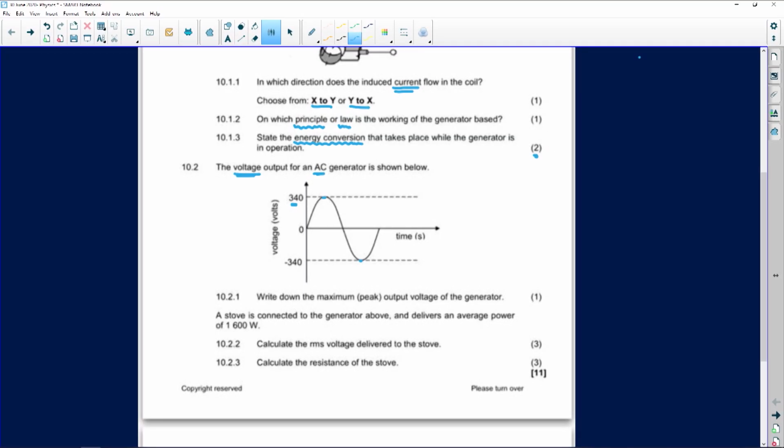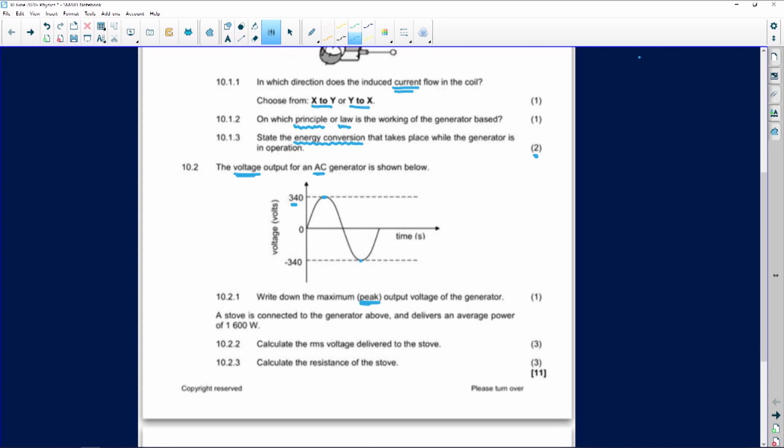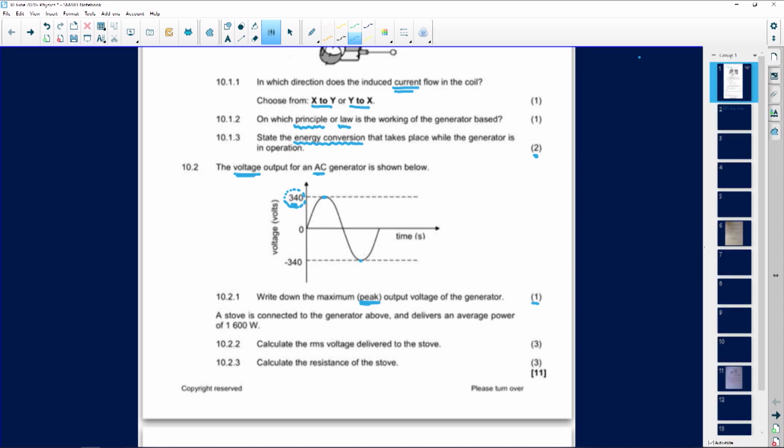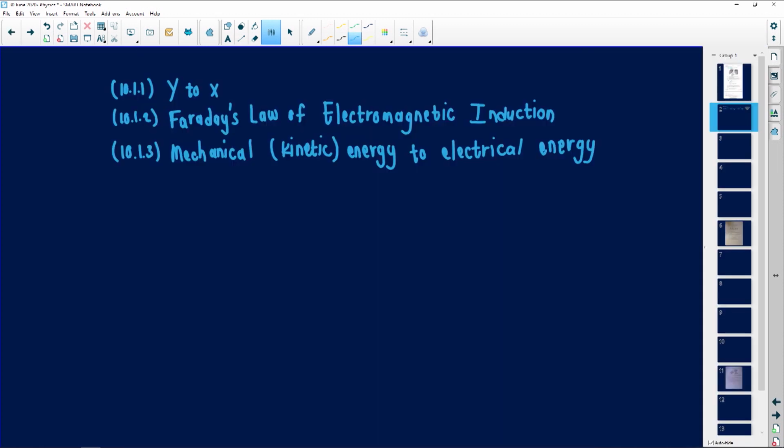So the question that they're asking us now at 10.2.1, it says write down the maximum peak. Remember peak, like there's a song, the mountain peak, it means the highest point. So when we're looking at this graph, the highest peak of this graph is 340, and you can see it's actually only for 1 mark. Voltage of the generator, that's the peak. That's all you need to do. That's the answer that we have.